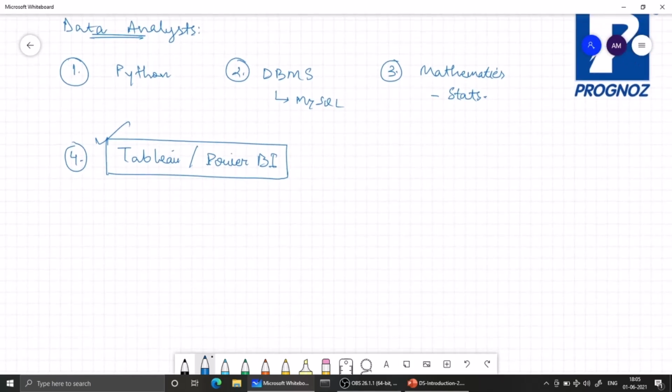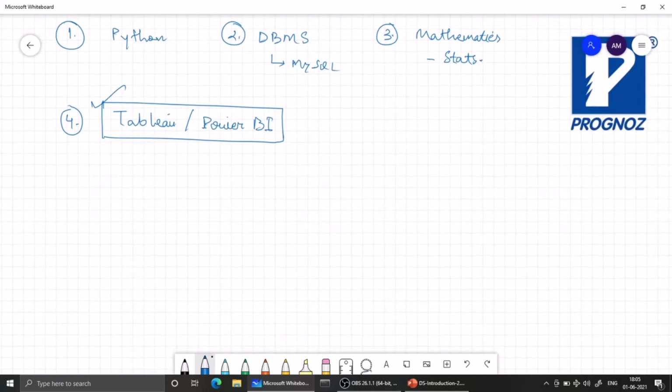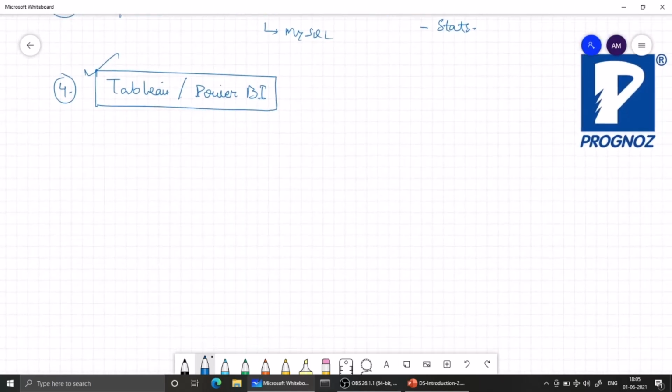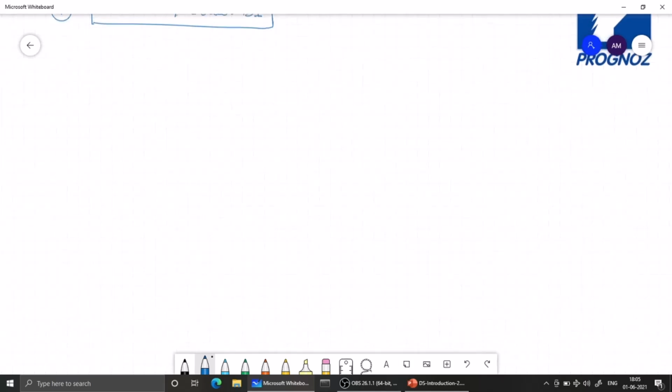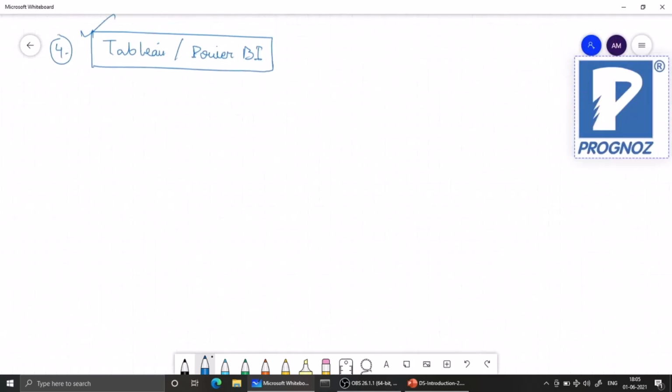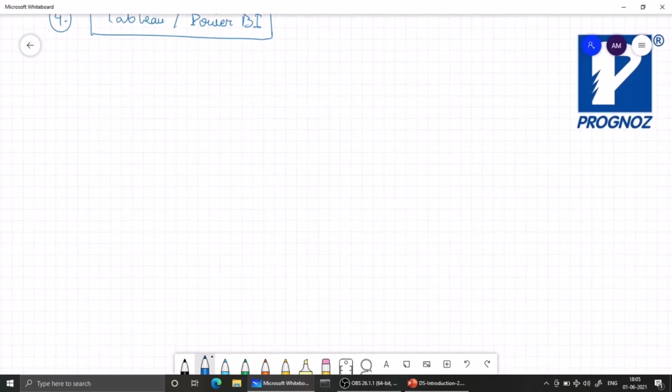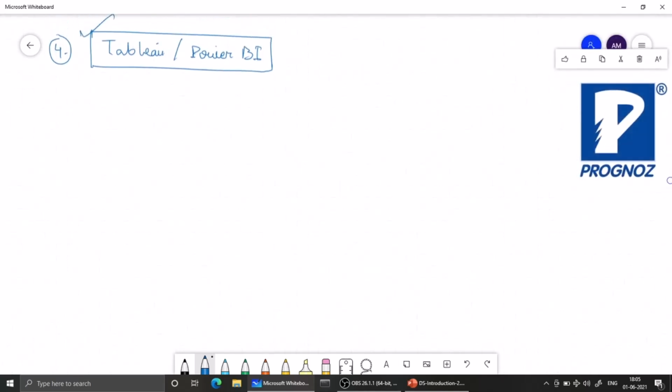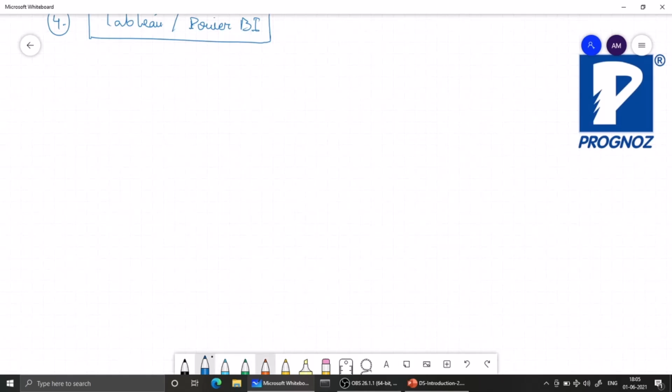Now coming to the third part, the skill sets required from your AI people, people who are into core artificial intelligence. If you want to get into artificial intelligence, you should be good at Python, and at DBMS.